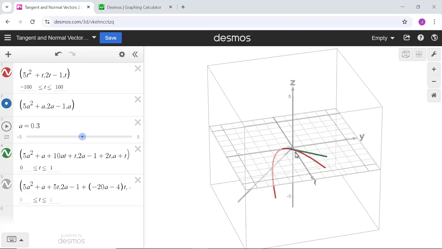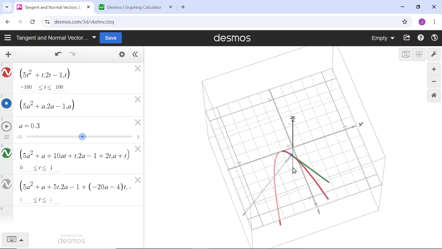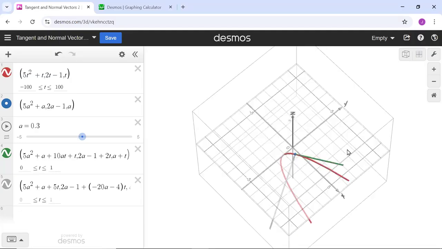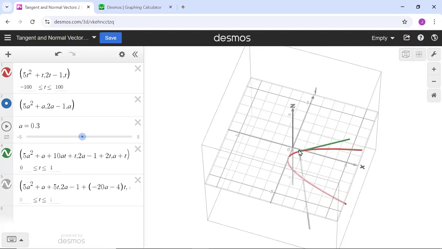Now I've graphed this on the graph of the function earlier. Again, I've not made these unit length. If they were unit length, they wouldn't look quite as long. What I've done is I've just created a tangent vector, and then I've created a normal vector.